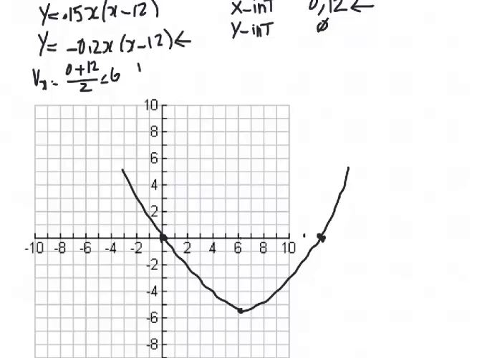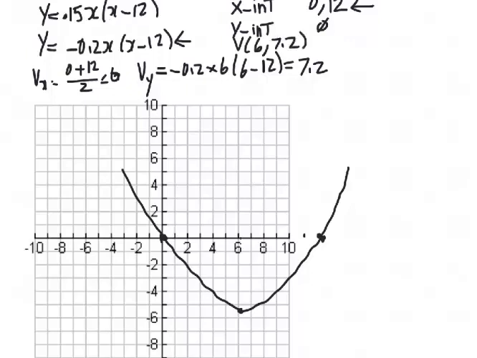We get v sub y is equal to negative 0.2 times 6 times 6 minus 12. If you evaluate this one, you get 7.2. So the vertex here becomes 6 and 7.2.